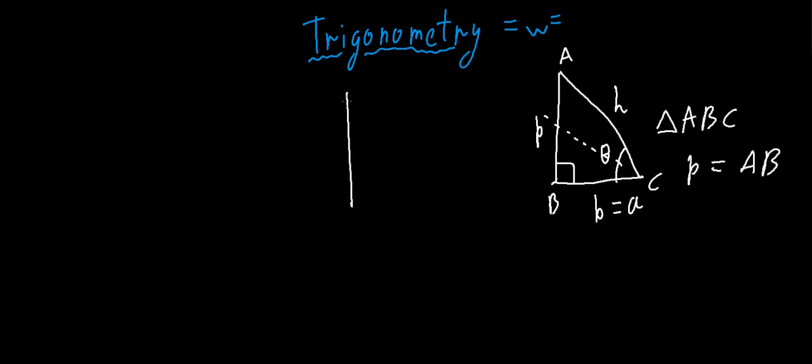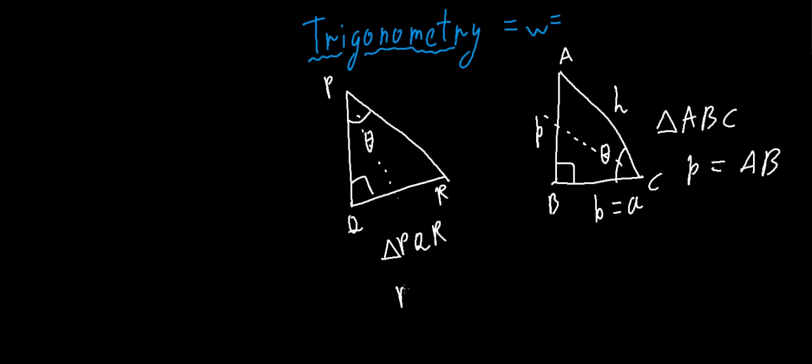However, there can be another case where angle theta is given on the top, and let's name this triangle PQR. Here the opposite of the angle theta is QR, meaning in triangle PQR the perpendicular is QR. So the rules have changed. In triangle ABC, the left side is the perpendicular.